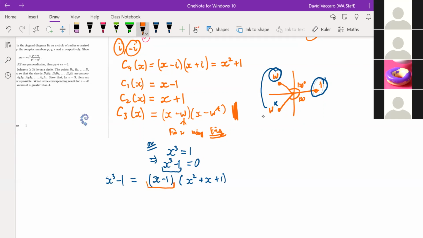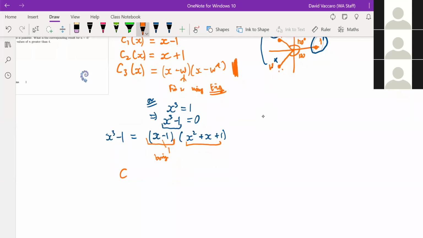The root of this polynomial is 1, which is boring, because it's not a primitive cube root. But this quadratic has got the 2 primitive cube roots. So c3 of x, the easiest way of finding it, is just saying that it's x squared plus x plus 1.